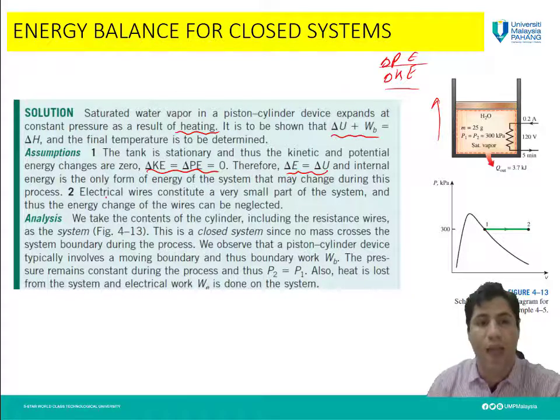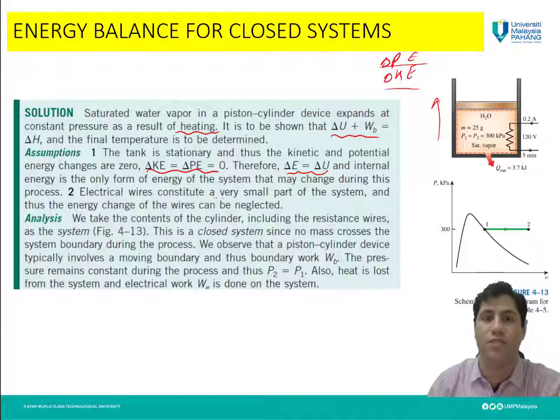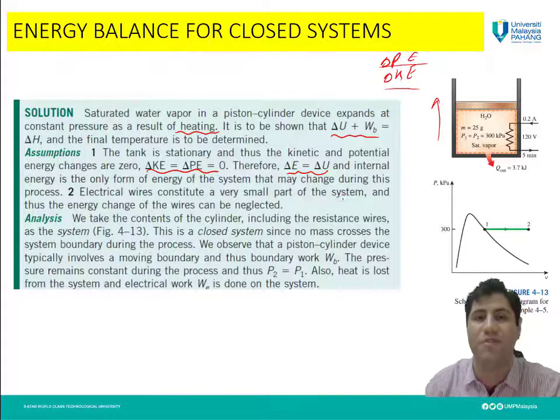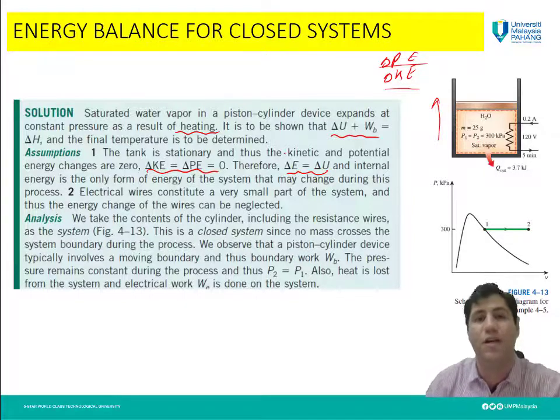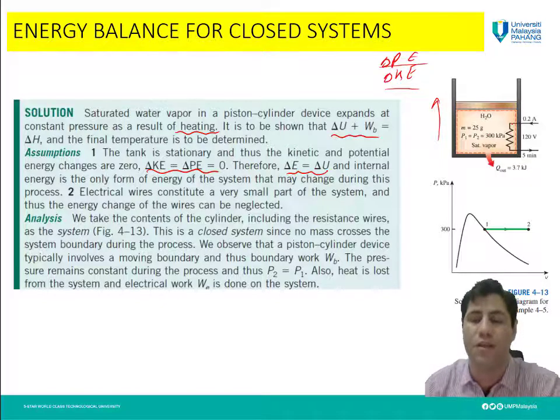Assumption number 2: we have an electrical wire which constitutes a very small part of the system. The presence of this wire inside our selected system may affect the properties of the system. To be very specific and accurate, we would need to consider this wire as well, with properties which may be different from the steam.